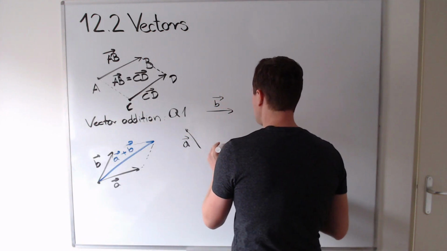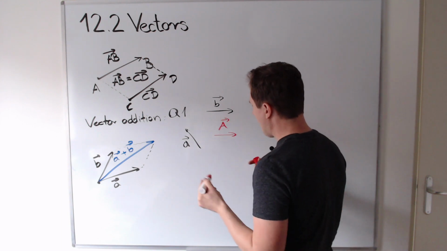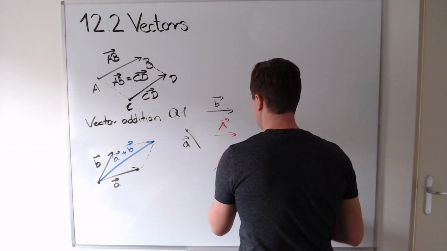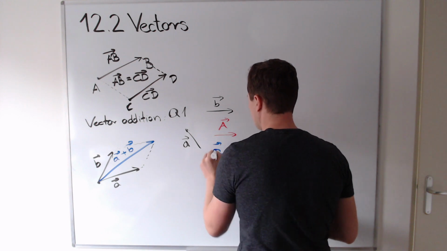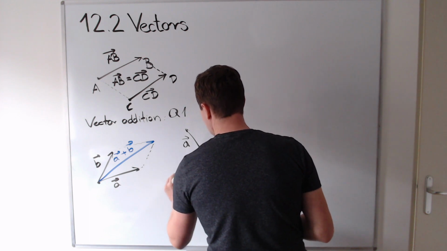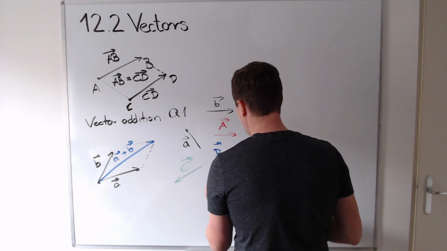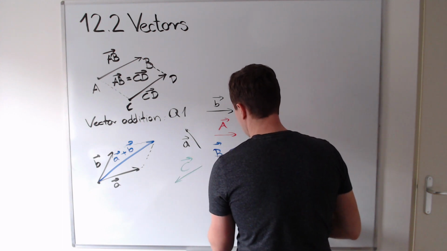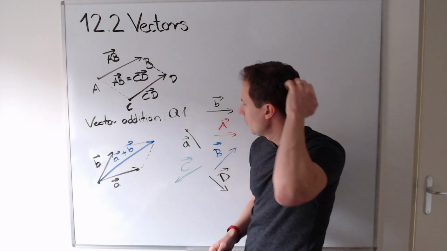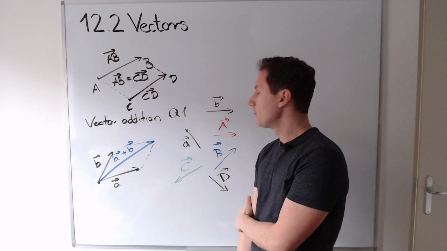Option A is this vector, capital A. Option B is this vector, capital B. Option C is this vector, capital C. And option D would be this vector, capital D. So which of these four is the sum of little a and little b? Pause the video and select your answer.